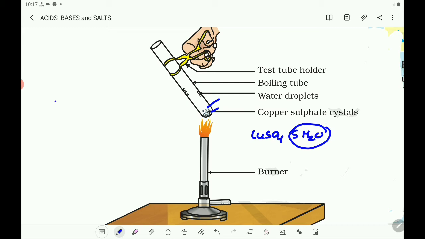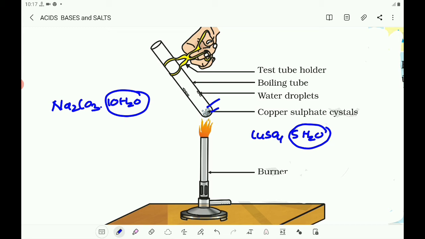That you know, that is Na2CO3 10H2O. It means in one formula unit of sodium carbonate there are how many molecules of water? 10 molecules of water are present in one formula unit of sodium carbonate.